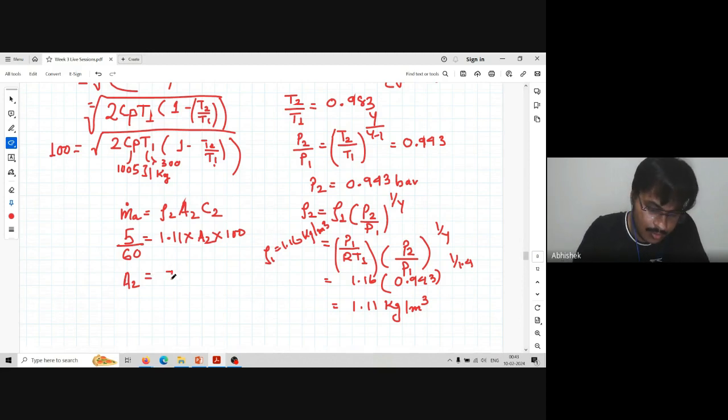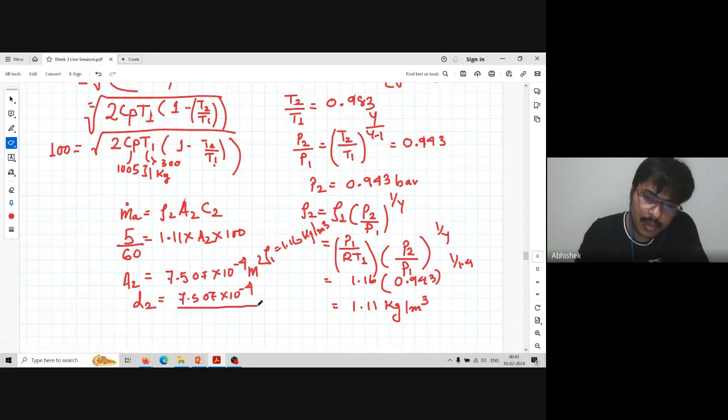A2 you are getting somewhere around 7.507 into 10 to the power minus 4, which will come in meter square. So now how to calculate D2? 7.507 into 10 to the power minus 4 divided by pi by 4, whole to the power half.